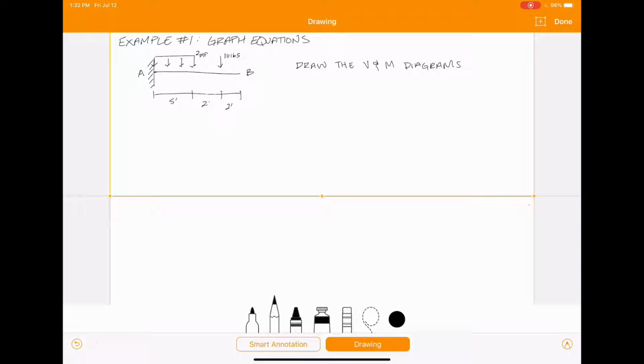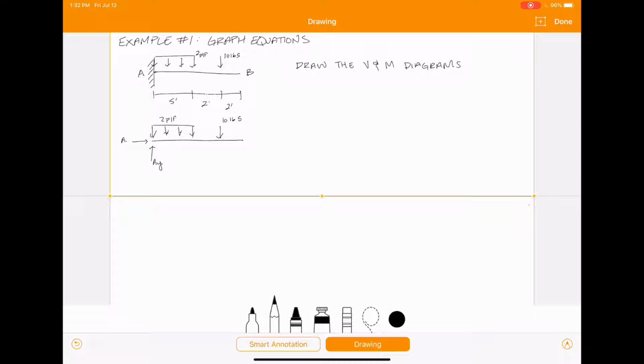So like I said, the first thing you're going to want to do is draw your free body diagram. For this example, you just start by drawing your object, apply your forces, and apply your reactions.